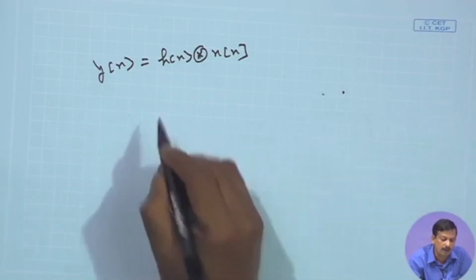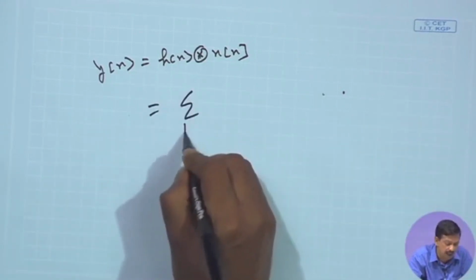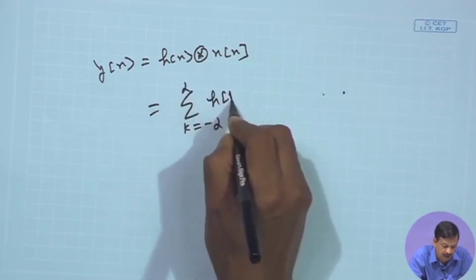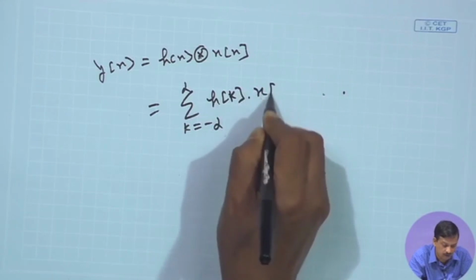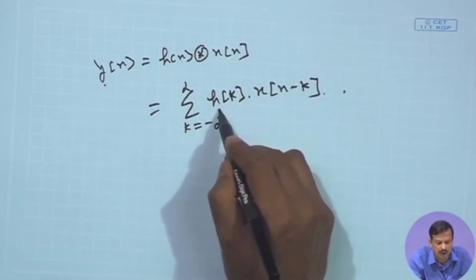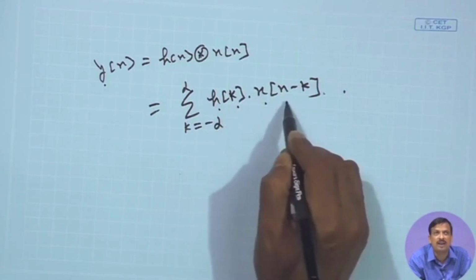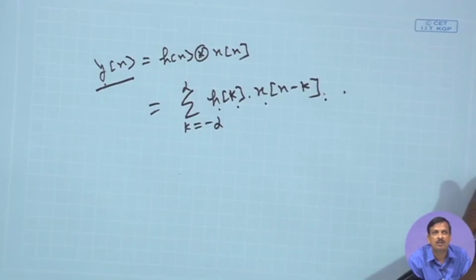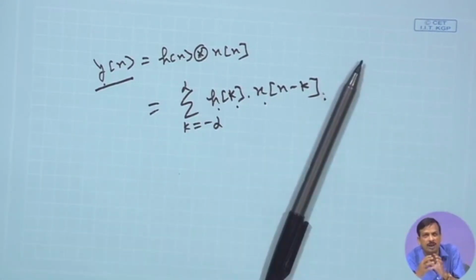Okay. So, how is it written mathematically? It is the sum over k equal to minus infinity to infinity of h[k] times x[n minus k]. So, y[n] is equal to h[k] into x[n minus k]. Okay. So, convolution means that suppose this is my system and I apply a signal here.